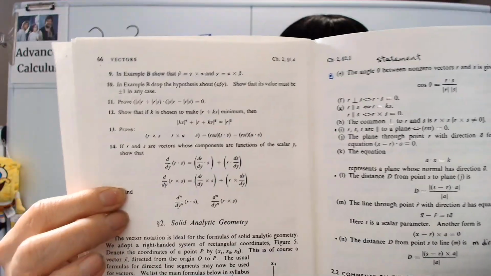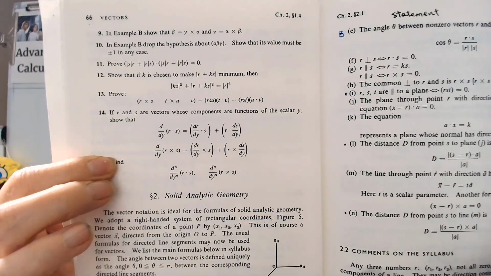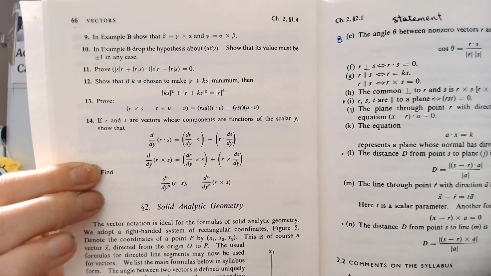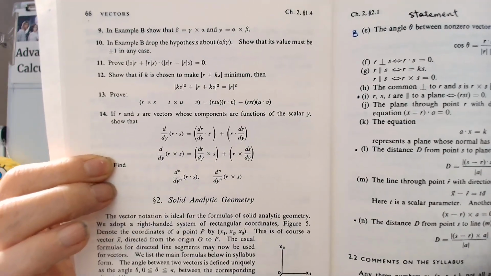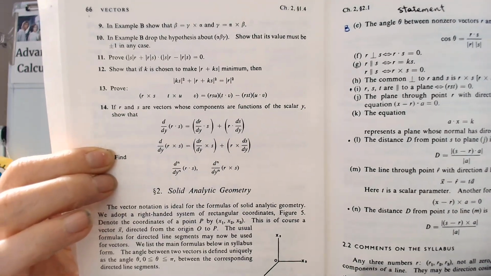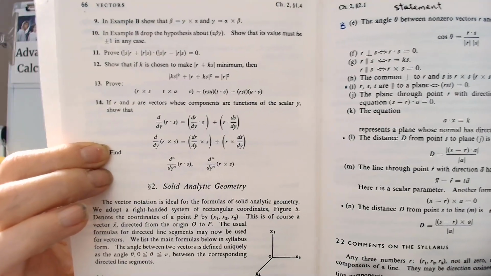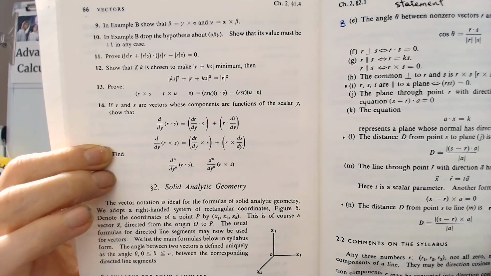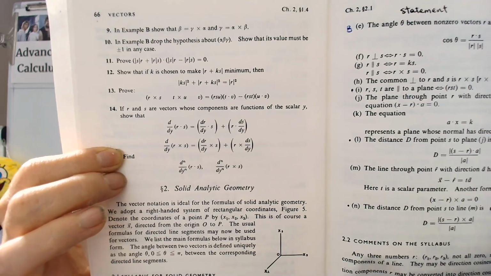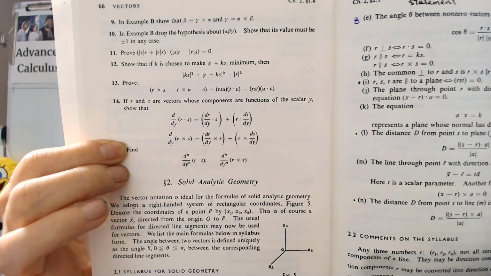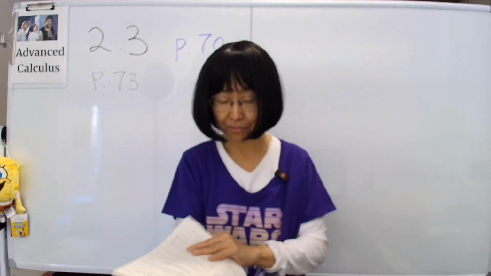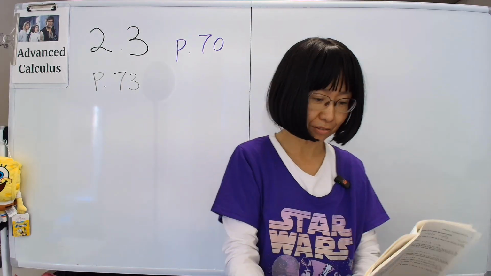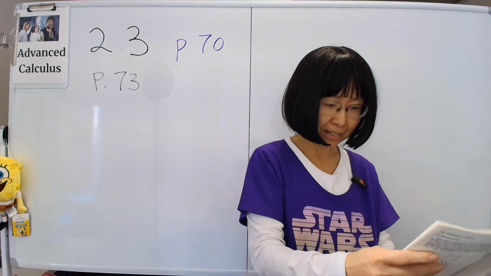It's problem 14 on page 66, where it says that the product rule works for both the dot product and the cross product. You can see why, being that the dot and cross product are done with multiplications and some kind of subtraction, addition. So everything carries out nicely. We're just going to take that as truth, and of course, feel free to prove that to yourself if you need to.